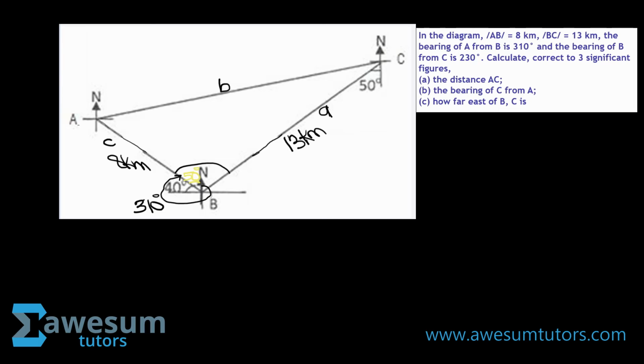I think we can't really see that very well, so let me use another color. So that's going to be 50 degrees right here. Take note, the first question says to find the distance AC, that is from here to here, and I've already said that my distance AC is lowercase b. Now, to get this whole angle right here, I need to get this other angle.